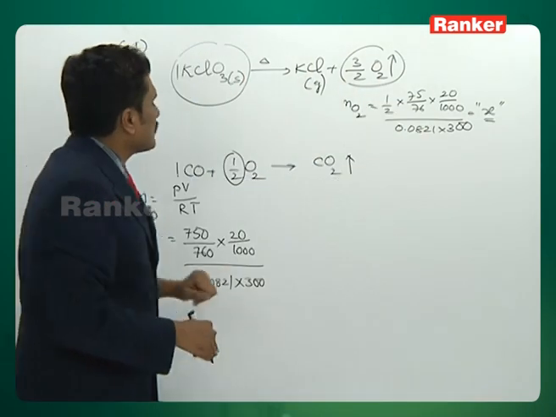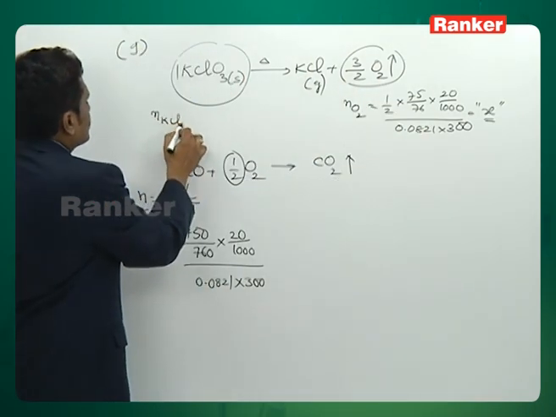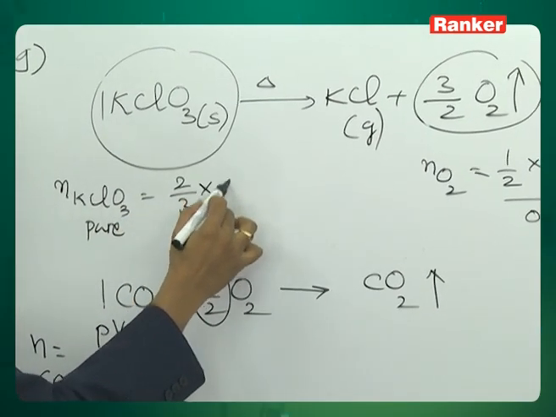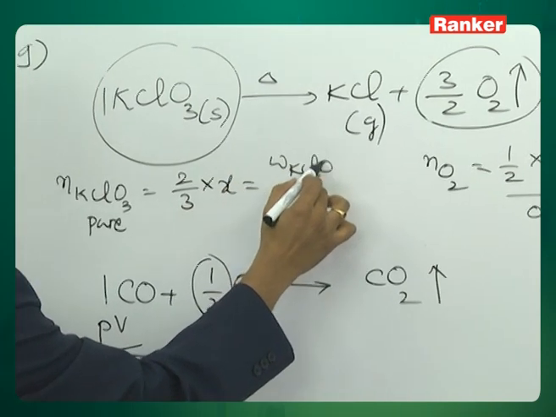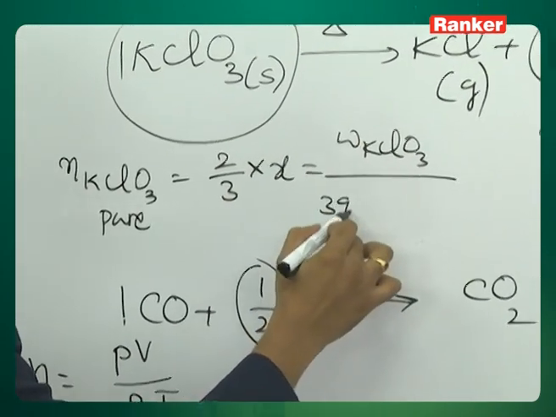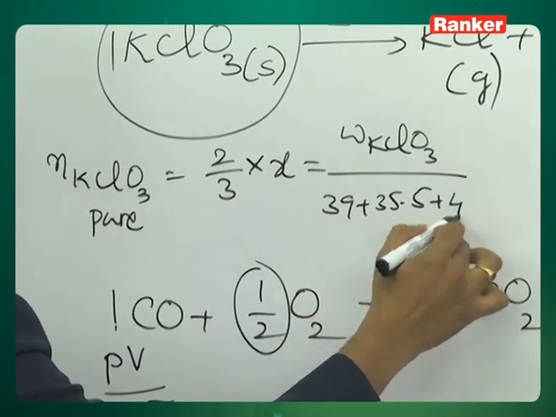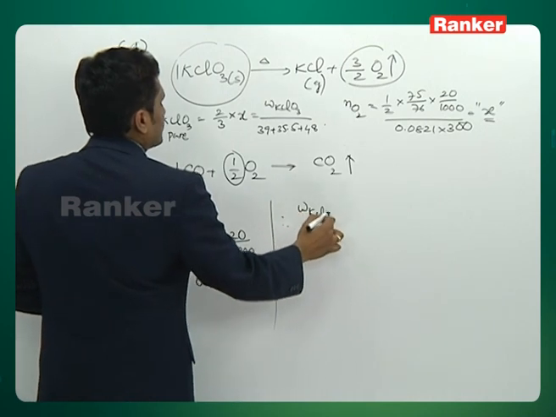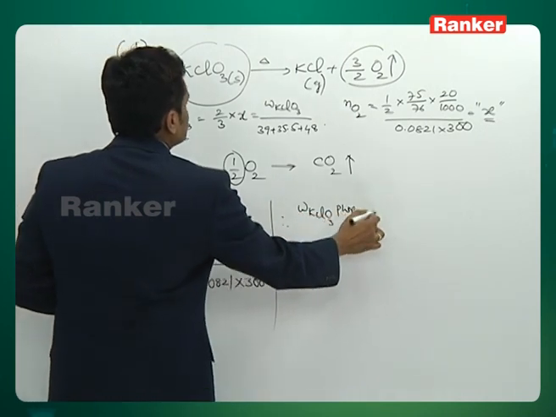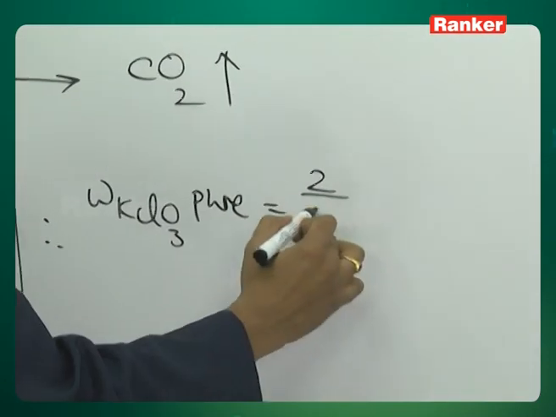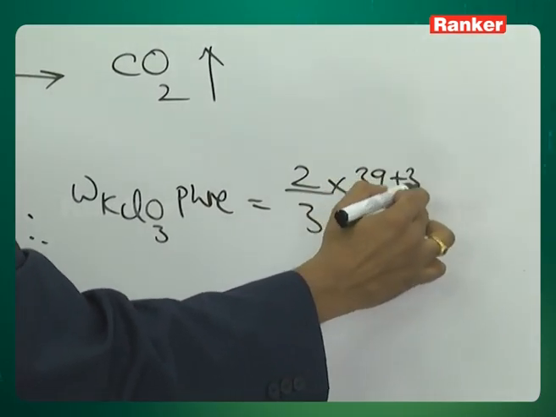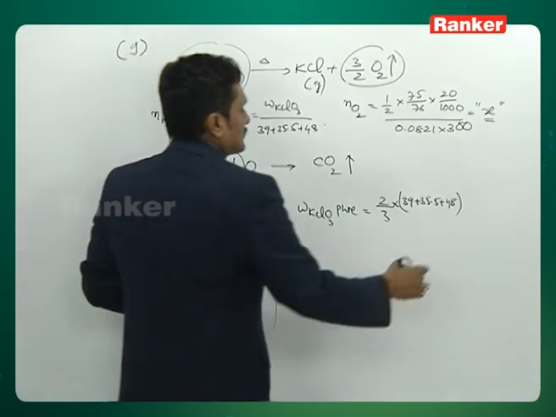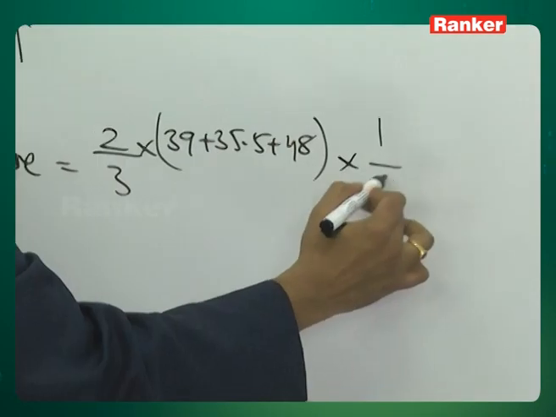For every x mole of O2, I can expect the number of moles of KClO3 undergoing the change, that is pure substance, is 2/3 times x, which is nothing but weight of KClO3 by molecular weight of KClO3, that is 39, 35.5 and 48. So finally, I will find the weight of pure KClO3 by cross multiplication, 2/3 times x times (39 plus 35.5 plus 48). This is the gram molecular weight of KClO3, and I am writing the value of x intact.